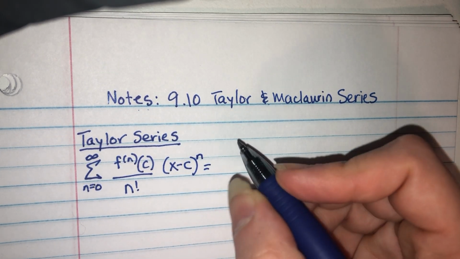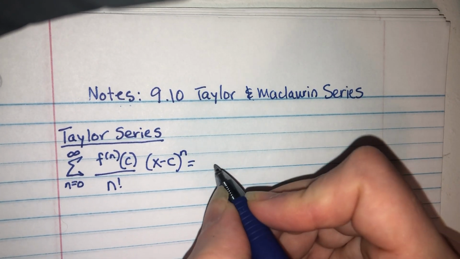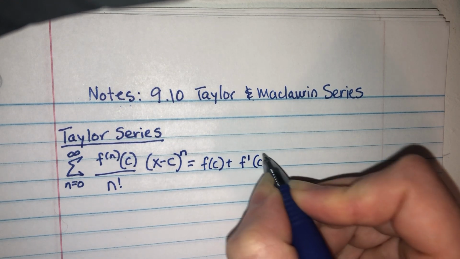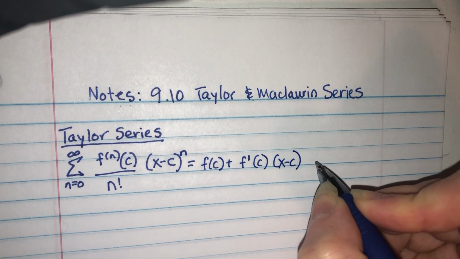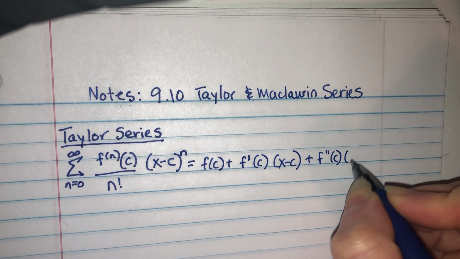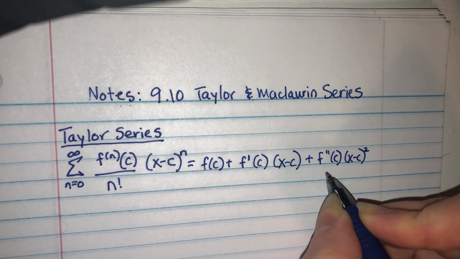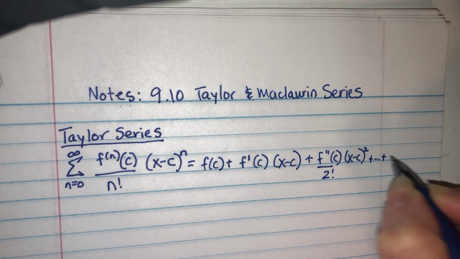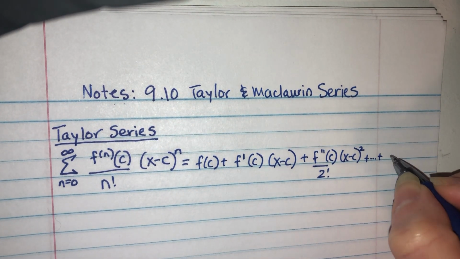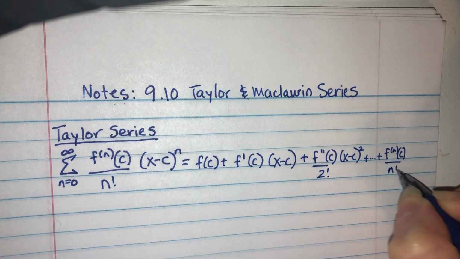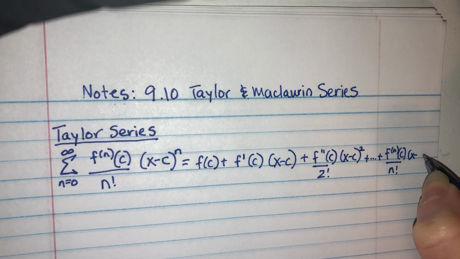And that is going to produce the following terms: f of c plus f prime of c times x minus c, does this look familiar, plus f double prime of c times x minus c squared over 2 factorial, plus dot dot dot, plus the nth derivative evaluated at c over n factorial times x minus c to the n plus dot dot dot.